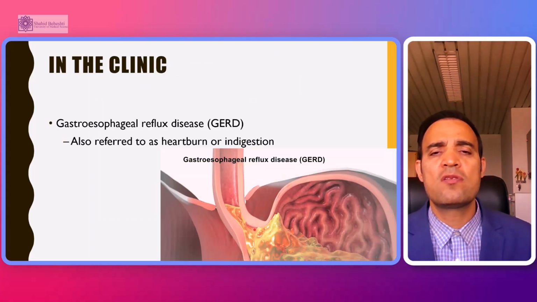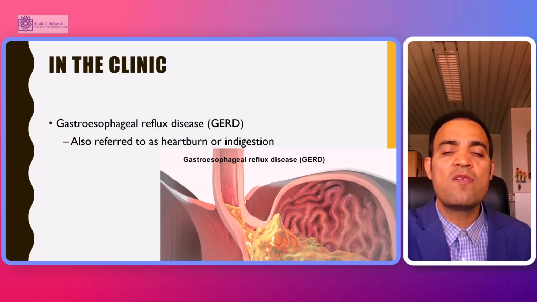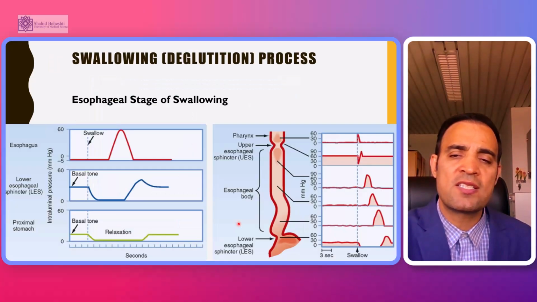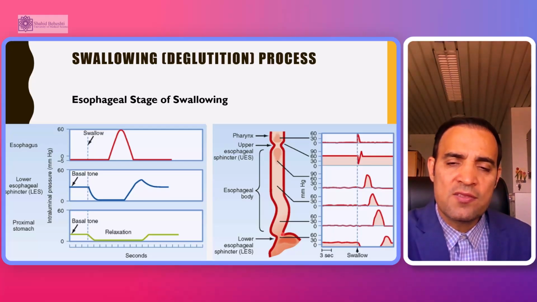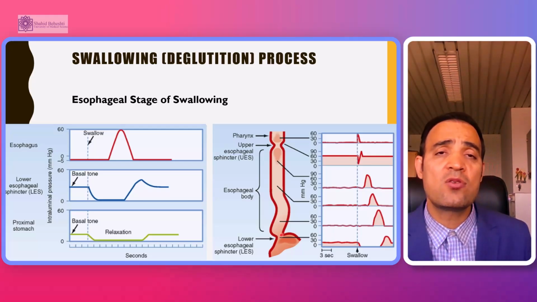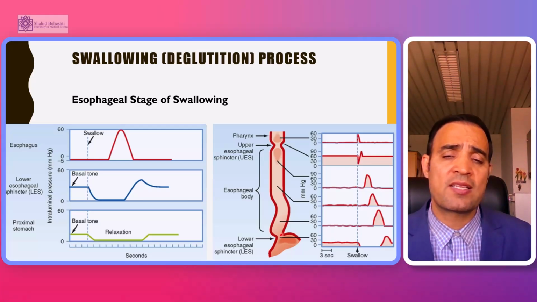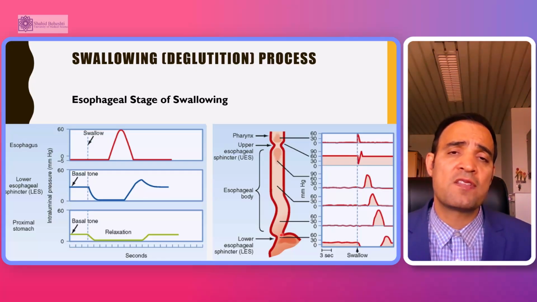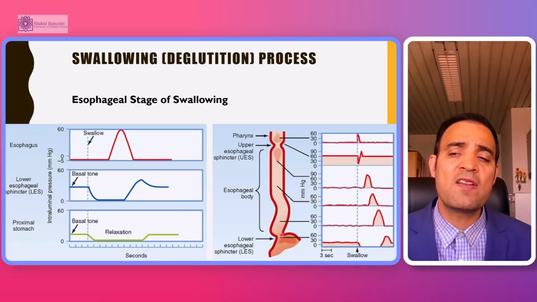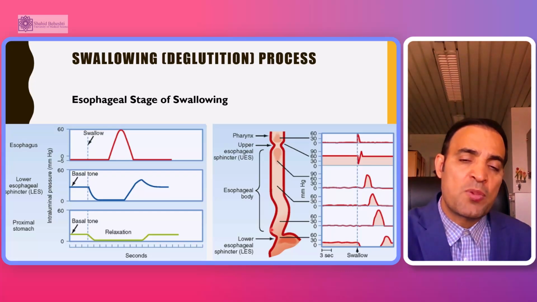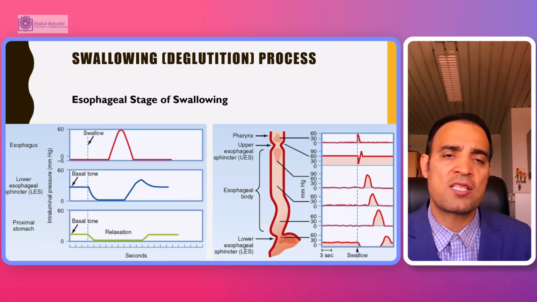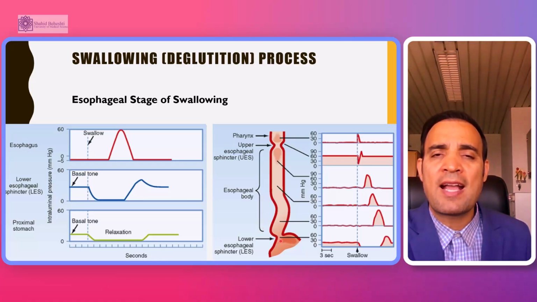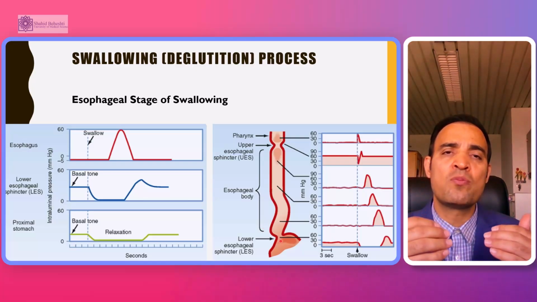Finally, food will reach the lower esophageal sphincter. This is the lower esophageal sphincter, you can see here in this figure also. Again, I told you that the lower esophageal sphincter is closed all the time and prevents the return of the gastric content. But when food reaches behind the lower esophageal sphincter, it will be relaxed and allow the food to pass through.